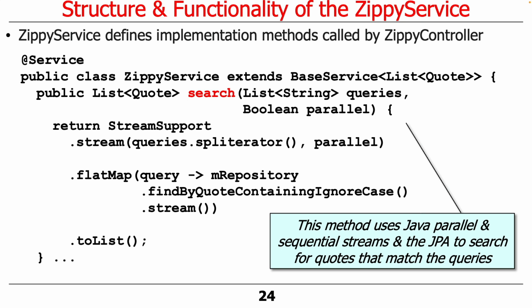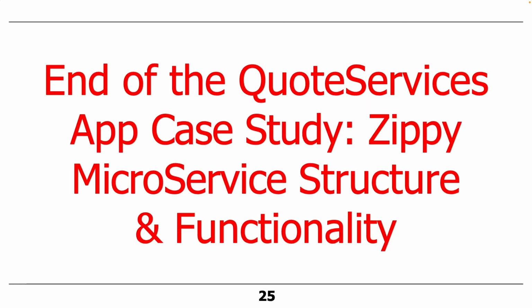We're going to talk about it in more detail when we walk through the code in just a second, but I just wanted you to be aware of the overall approach. The overall approach is we're either going to do this sequentially or in parallel, depending on the parallel flag we pass in, and then we're going to go ahead and use that find by quote containing ignore case method to look up and see if we can get a match, and then we connect all the pieces together. So that's the end of the quick walkthrough of the structure and functionality of how this stuff works.